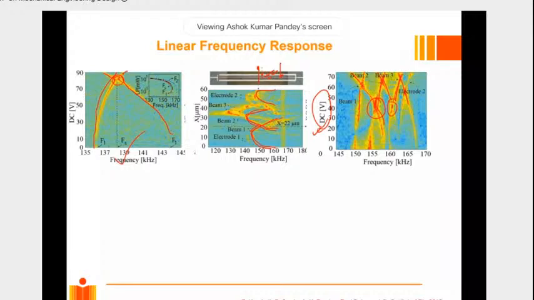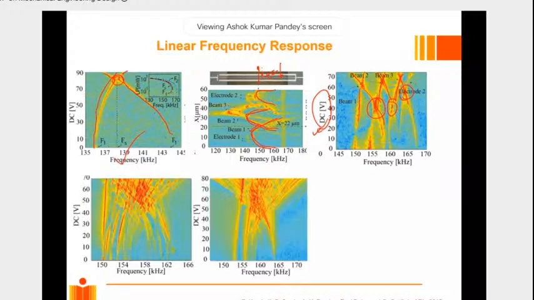So one can make use of multiple coupling points if you can increase the number of beams in an array, and that way you can see that there are a lot of coupling crossings happening. So it means you can really operate your structure over so much of a range, right?